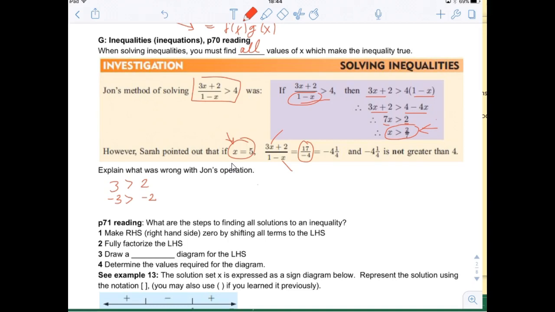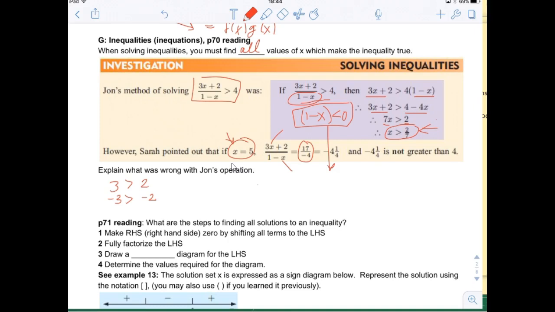So in the case where 1 minus x is less than 0, which is, in some cases, about half the cases, then you would need to make another calculation where you are reversing the inequality. Okay, and then you would end up with another inequality which shows the other part of the solution.